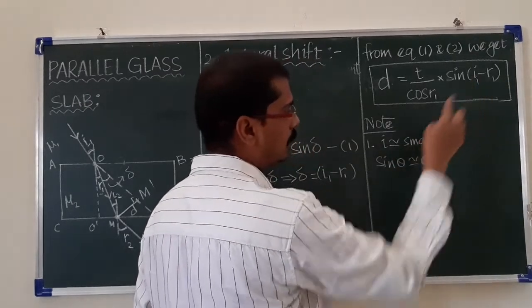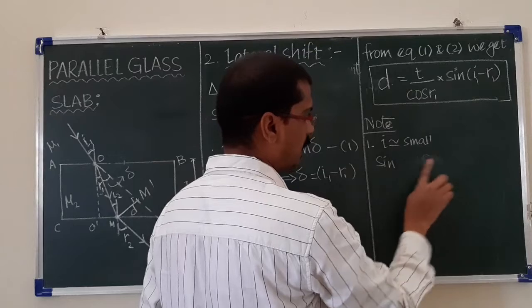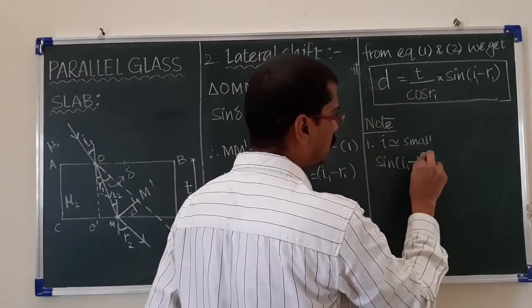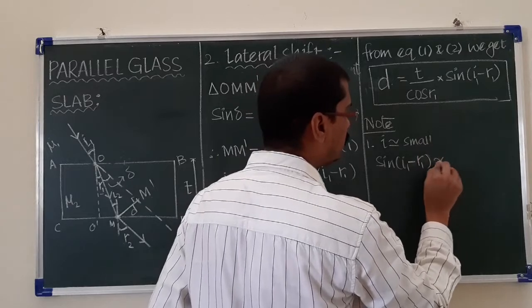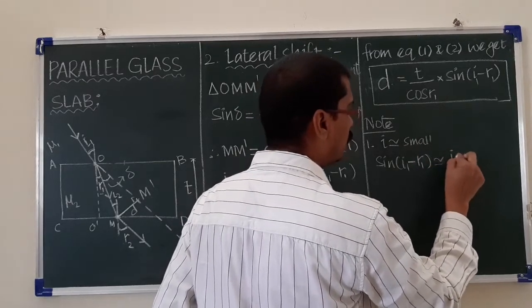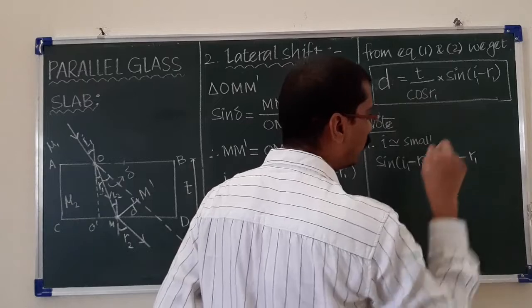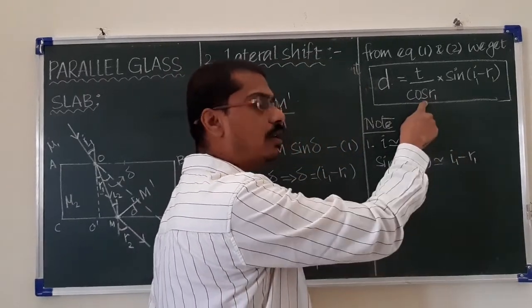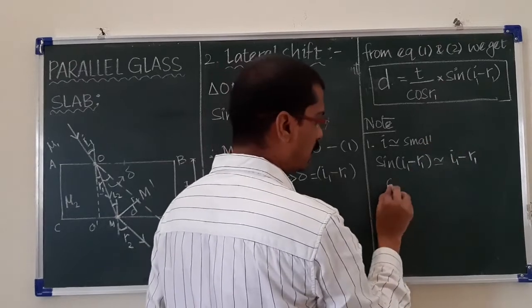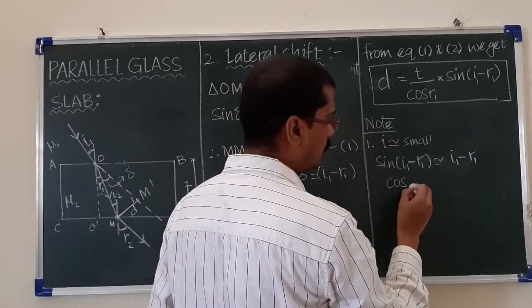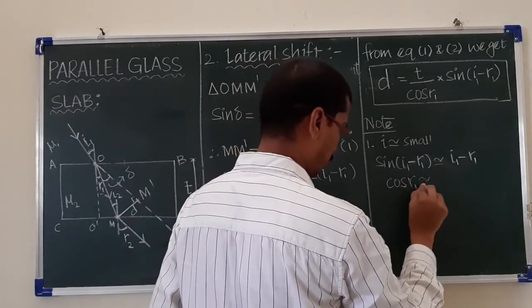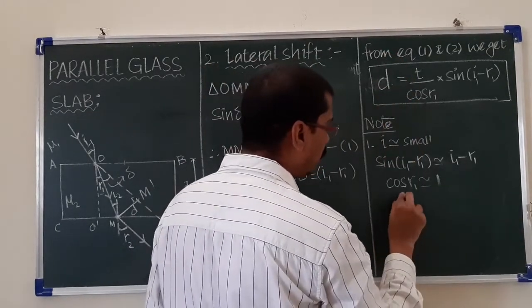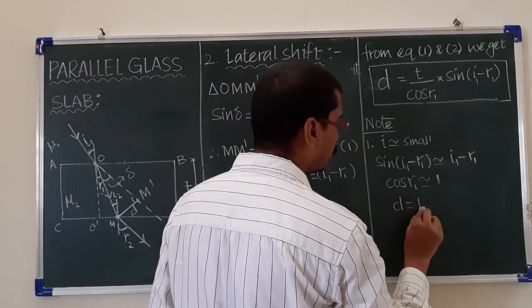Directly I am writing sin of I1 minus R1 is approximately I1 minus R1. Whenever the sin value is small, the cos value is approximately the maximum value, and the cos maximum value is 1.